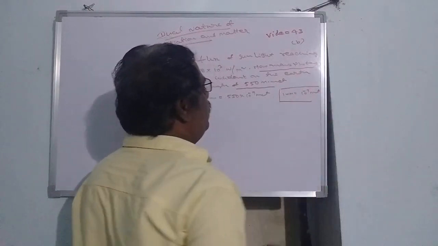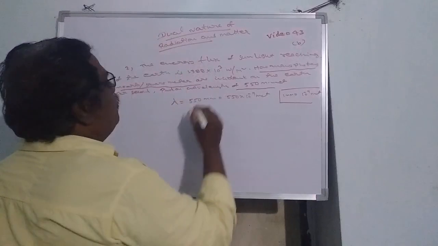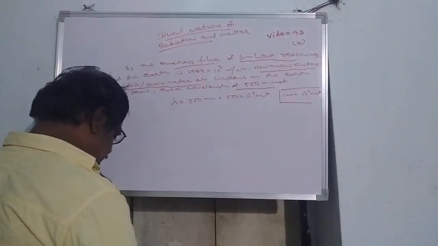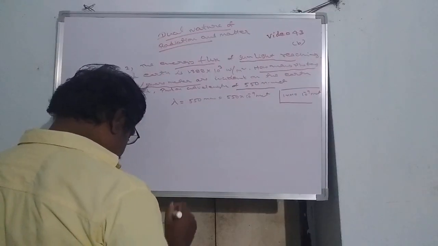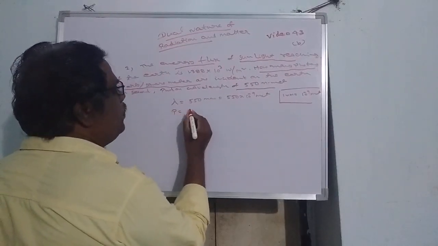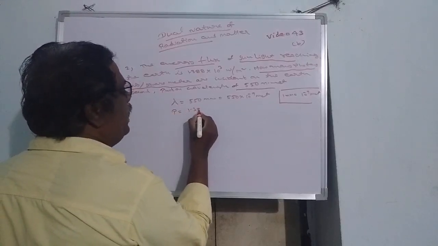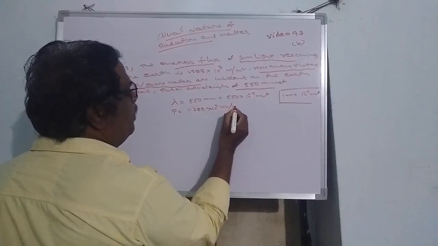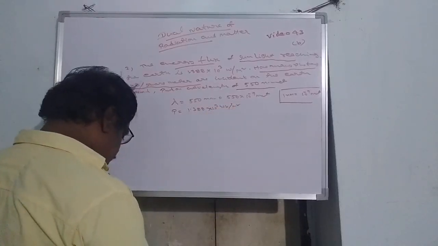This is the conversion. And what they have given again here is the energy flux. That means the power emanated from the earth, P, is equal to 1.388 into 10 cube watt per meter square.